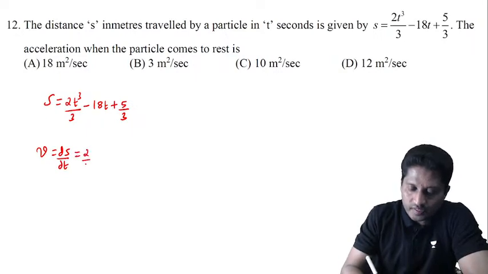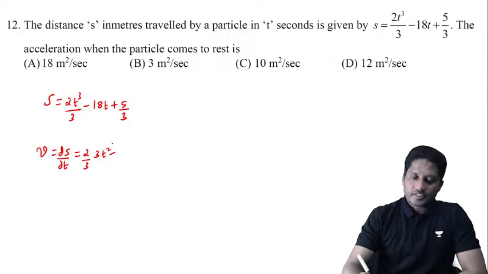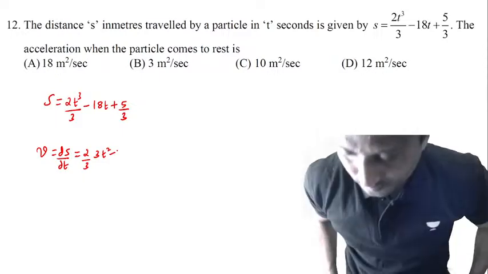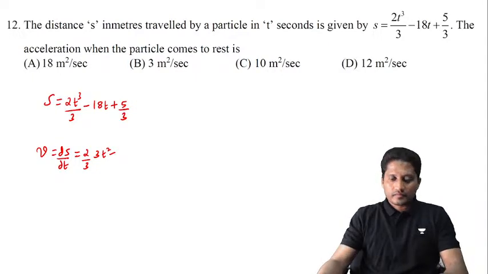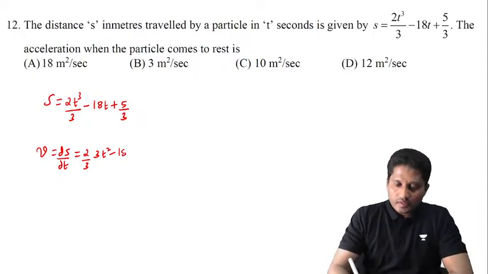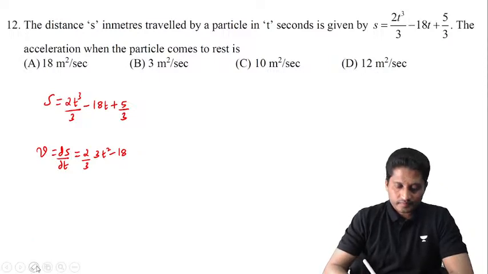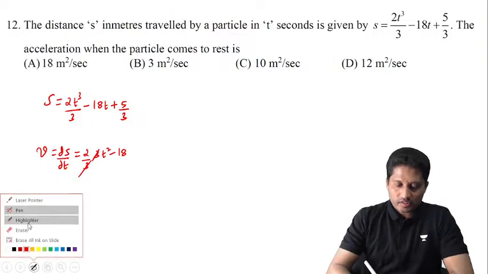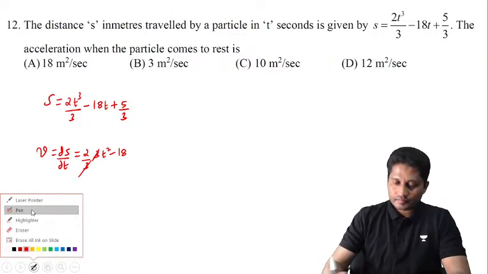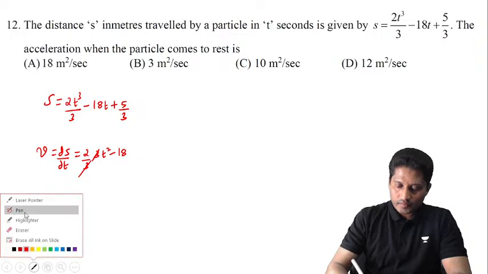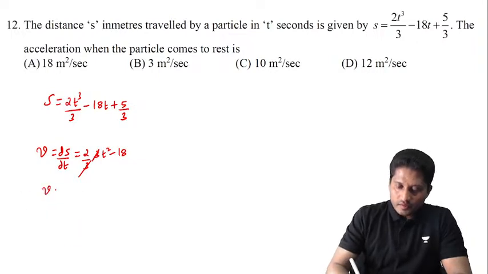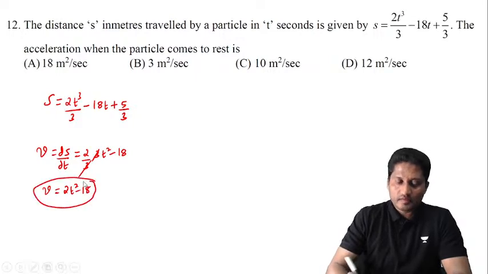So this is 2 by 3, differentiation of t cube is 3t square, differentiation of 18t will be equal to 18. Now velocity is equal to 2t square minus 18.